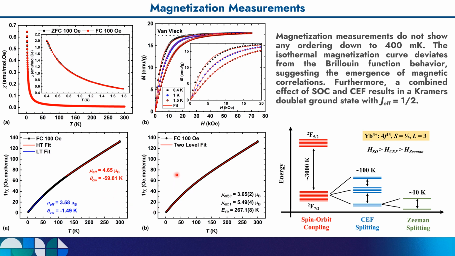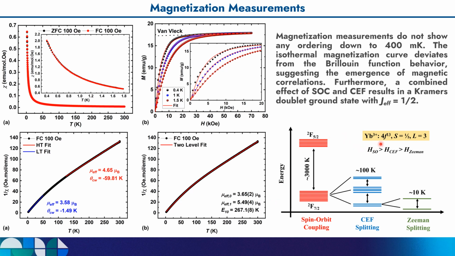So I have used modified Curie-Weiss with two-level approximation and found that it could fit the whole range of susceptibility data quite well. And you can see this is the energy difference between ground state and first excited state.